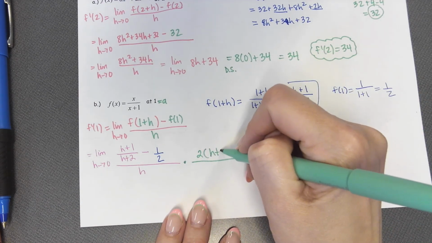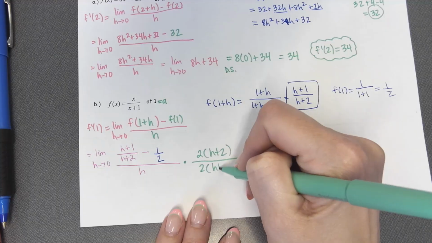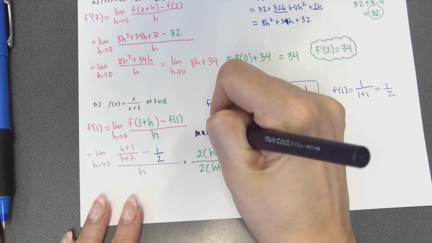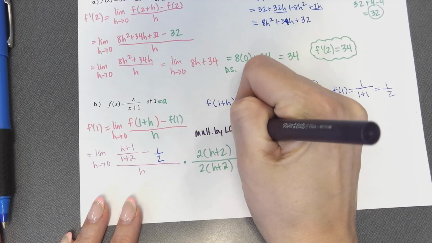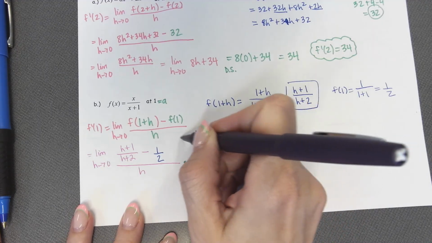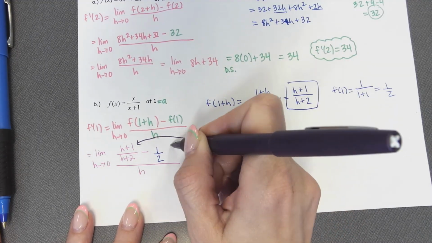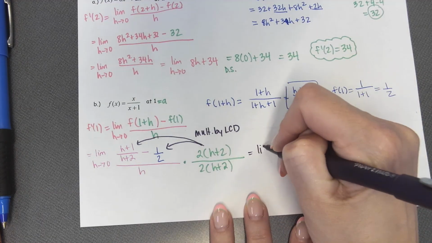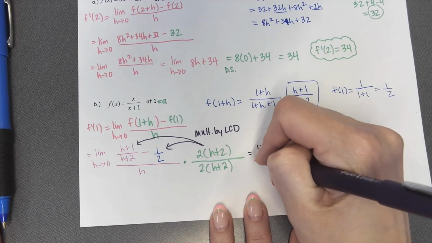2 times h plus 2. Yep. Okay, now when you multiply by that LCD, remember that you are distributing, okay? And I'm going to write out this step. I think it's helpful. Because you're going to see some fractions here.